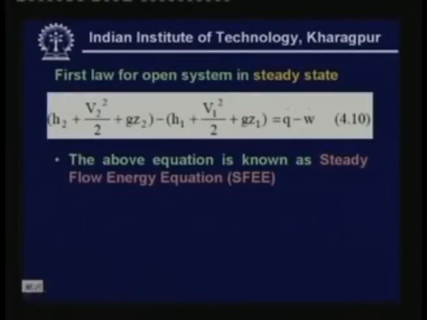Q dot stands for net heat transfer rate, and W dot stands for net work transfer rate per unit mass. So, this is the first law of thermodynamics for an open system in steady state, and this is also known as the steady flow energy equation or SFEE. This is a very important equation and we will be using it repeatedly during this course.